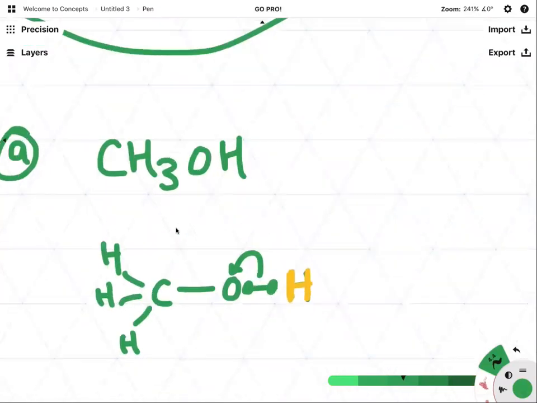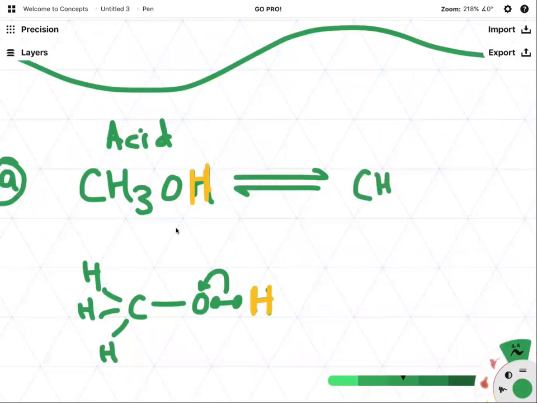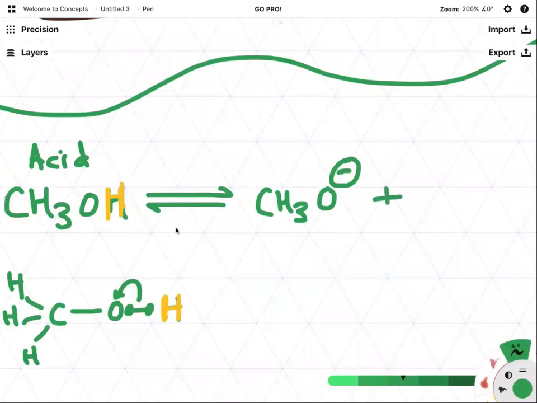So the CH3OH is the acid, and we're going to call it a Bronsted-Lowry acid because we're looking at hydrogens that it's throwing off or accepting. Obviously, it's throwing one of them off, the yellow one, that one right there. So it's going to turn into CH3O minus, and then there's going to be a plus H plus in solution.